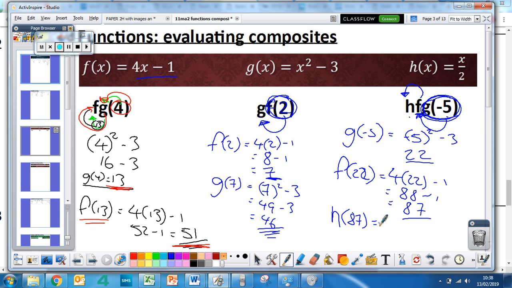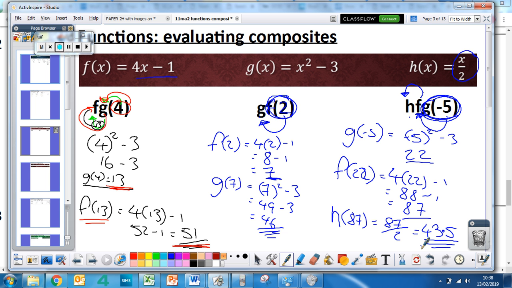We look at the function h, which is x over 2. We substitute in the 87 in place of the x. That becomes 87 over 2. Half of 87 is 43.5. That would be our final answer to the composite functions.